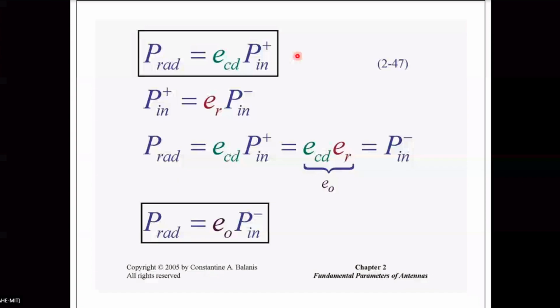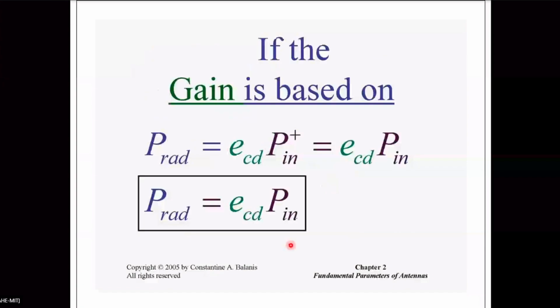If the gain is based on P rad equal to ECD into P in plus, equal to ECD into P in, then P in here means after the reflection loss. If just ECD into P in is given, it means after the reflection loss.